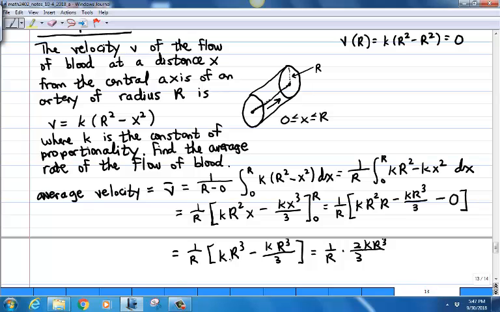Here you have 1 k r cubed minus 1/3 k r cubed, and that's going to leave you with 2/3 k r cubed. And you're multiplying by 1 over r, so we're going to be able to cancel one of those factors of r. So it looks like I'm going to end up with 2k r squared over 3 as my average velocity of the blood through that blood vessel.